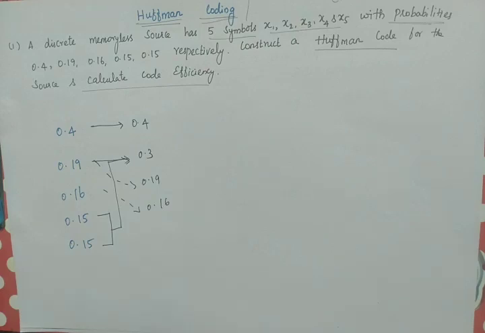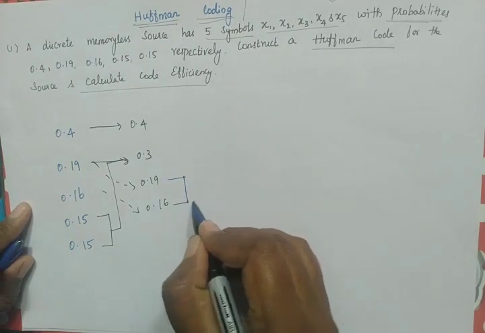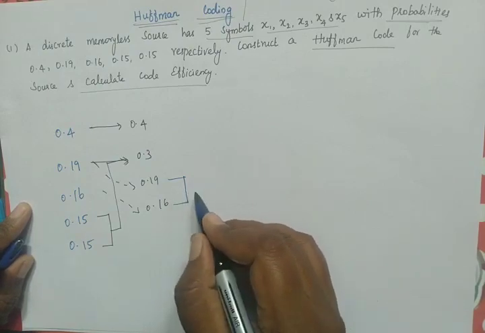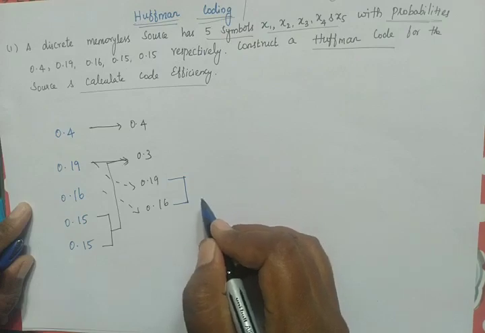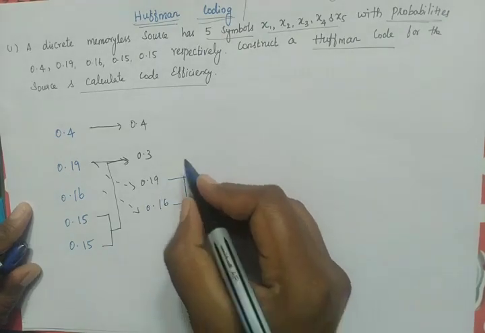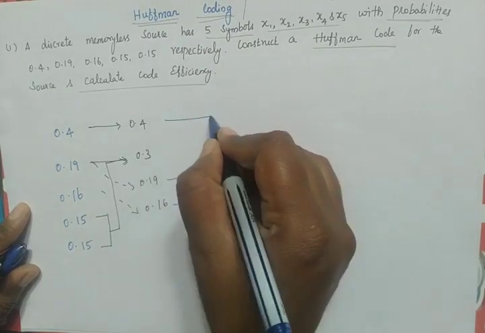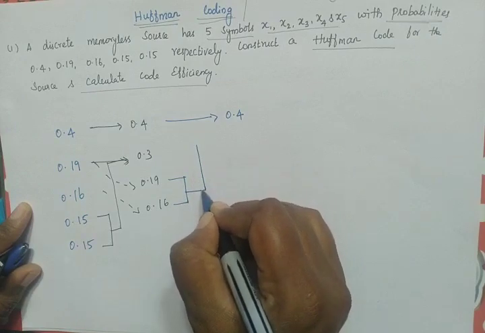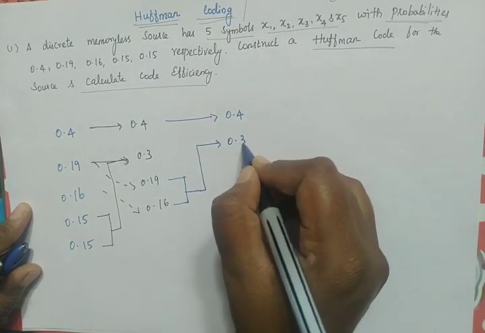In the next step we again add the last two probabilities. If you add these last two probabilities, we will get 0.35, because 0.19 plus 0.16 is 0.35, and this is also less than this number. So take this number 0.4 and now take this number 0.35.